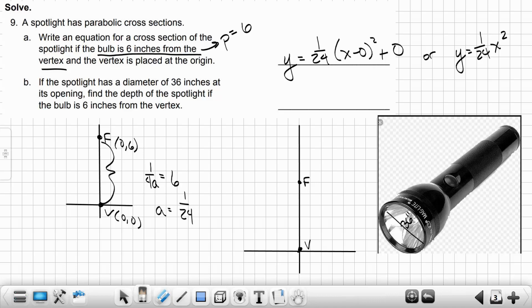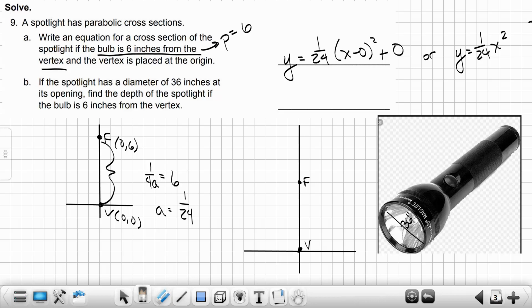It's saying find the depth of the spotlight. So we still have the same setup. The focus is 6 inches away from the vertex. What is the depth of the spotlight if at the diameter it's 36 inches? So 1/24 x squared is my equation. We okay so far still from part A?